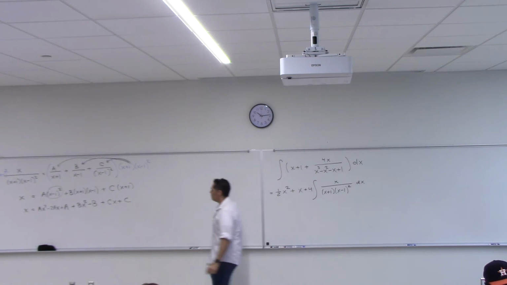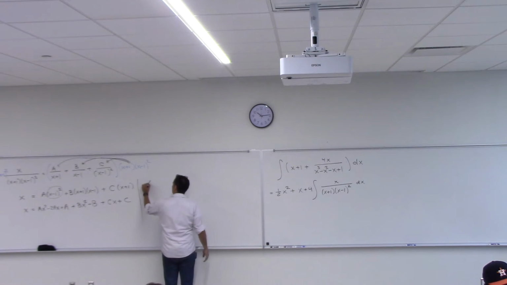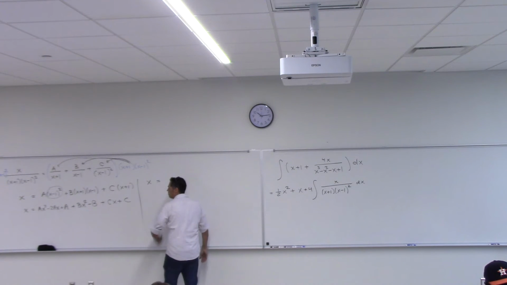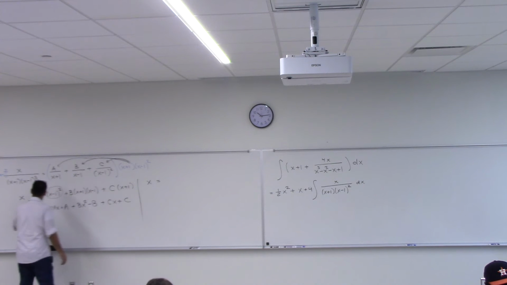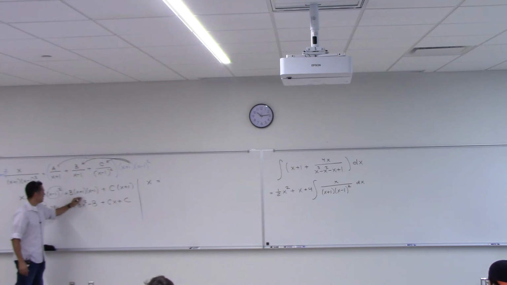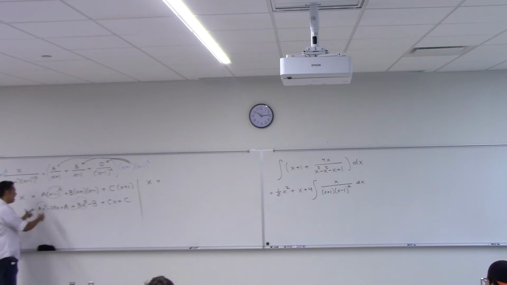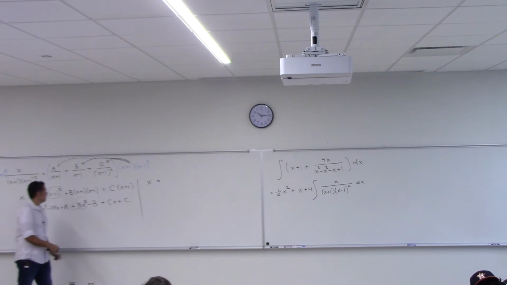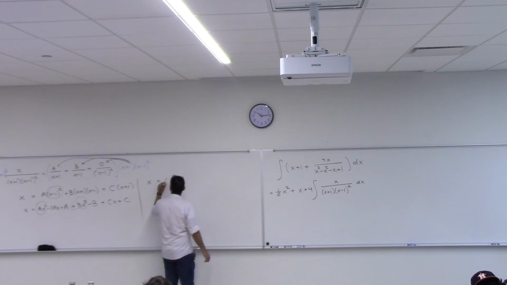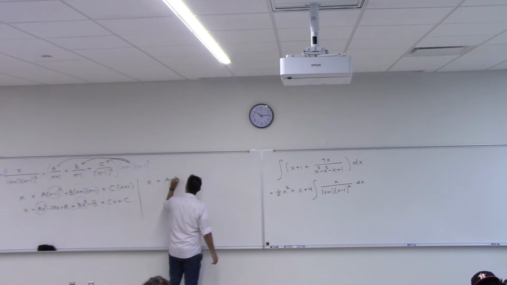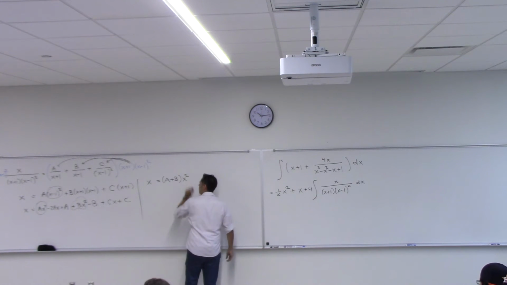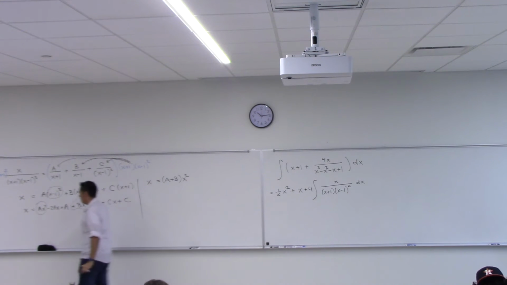All right. Now what I have is x equals, let's collect my x squareds together. I have this one and that one, right? So I have Ax squared plus Bx squared. So I'm going to write that as A plus B times x squared. Then I have my x's.